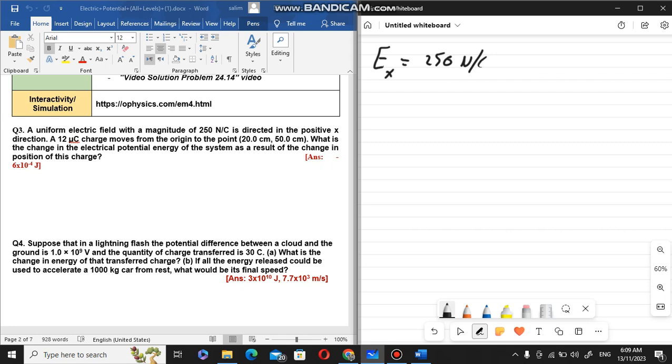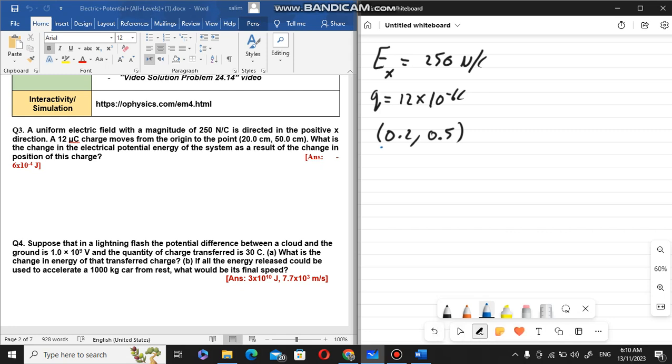A 12 microcoulomb charge, so Q here is given as 12 microcoulombs, so 12 times 10 power minus 6 coulombs, moves from the origin to the point (20, 50), so 20 centimeters and 50, which we can rewrite as 0.2 and 0.5. Now which one are we going to take?